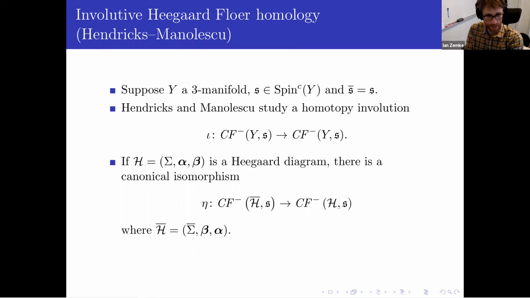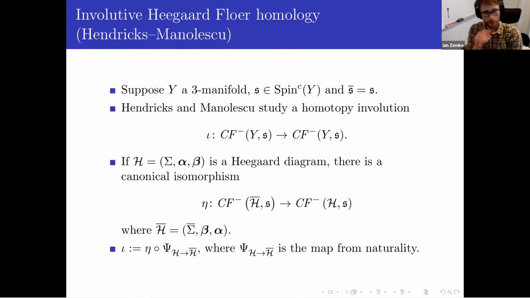But from naturality, Heegaard Floer homology is independent of the Heegaard diagram. So if you pick two Heegaard diagrams for the same 3-manifold, there's some set of Heegaard moves, like stabilizations of the surface, handle slides, and isotopies, which will take you from one to the other.